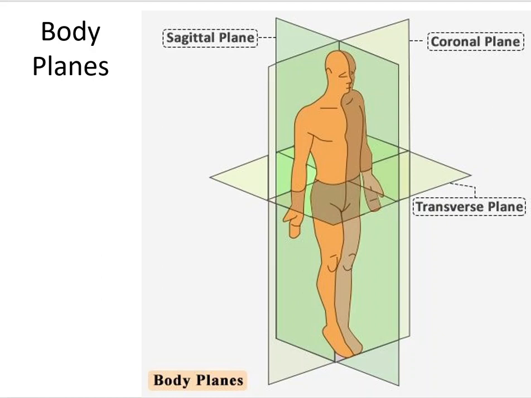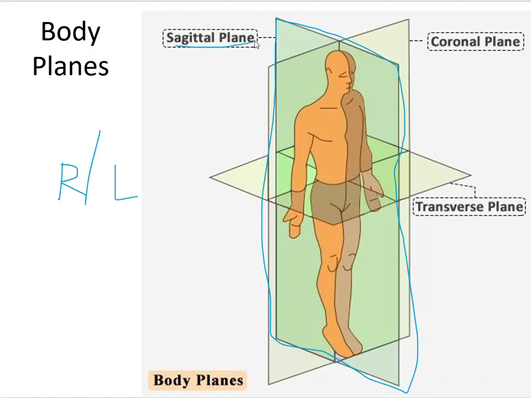Okay. So if you look on your lab list, it'll call it planes of section. So if you could take a human body and you could imagine a line that divides it in half. Okay, that line divides it into a right half and a left half.